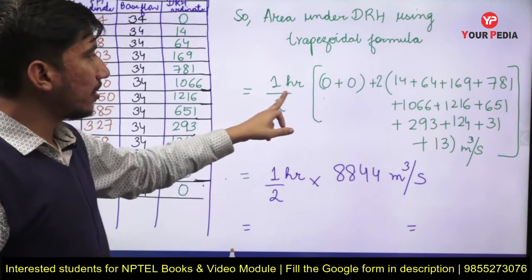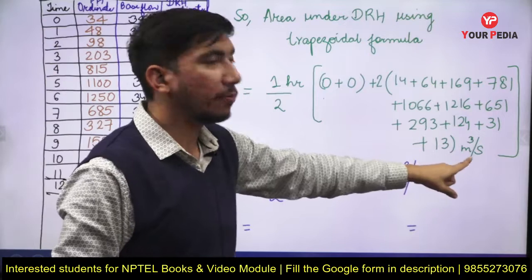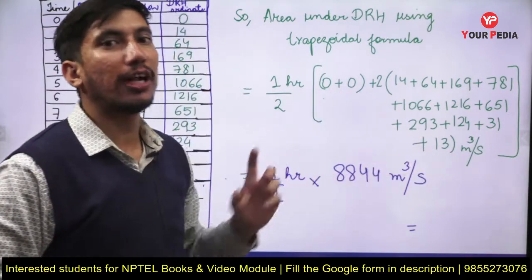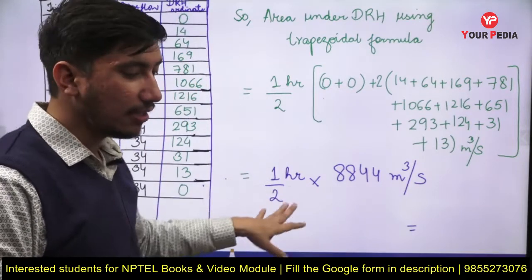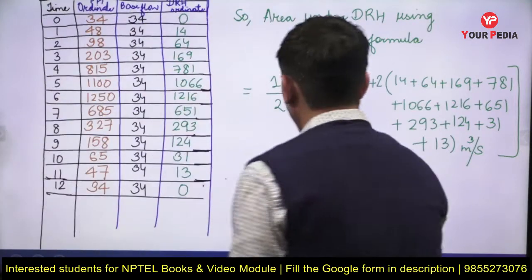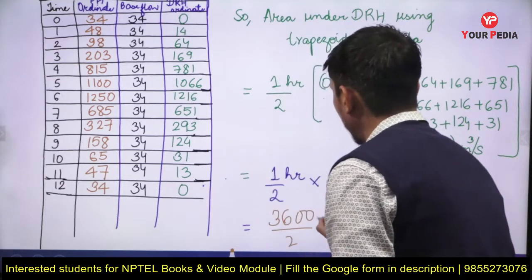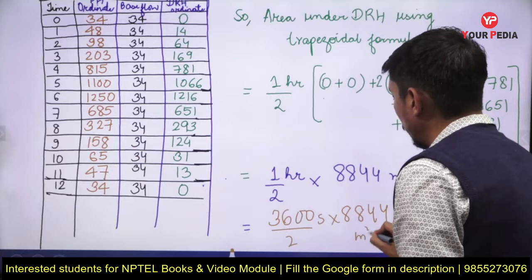But this is given in hours, and this is given in meter cube per second. So I have written their units also, so that I can easily convert them afterwards. So from here it became like this. Now I have to convert this into seconds. So I can write this much seconds into 8844 meter cube per second.